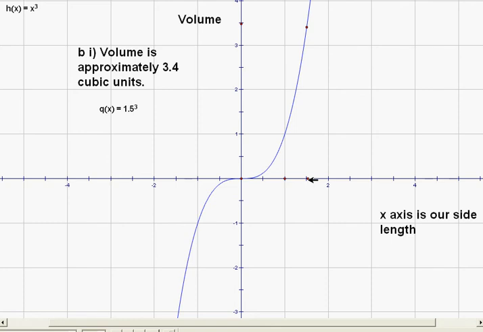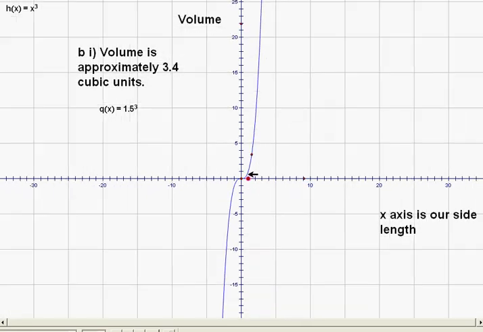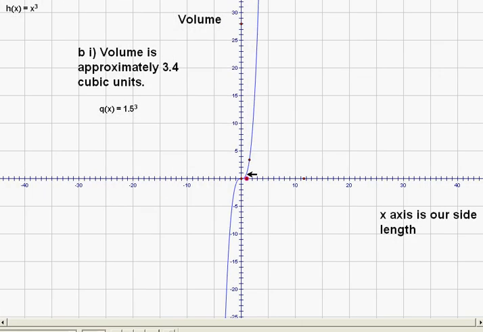Okay, so now if I wanted to bring this in so that I can see 10, you can see I'm going to have an issue, right? Because this gets really steep. So if I were to bring a line and try and do this graphically, this is going to be a long time in coming.